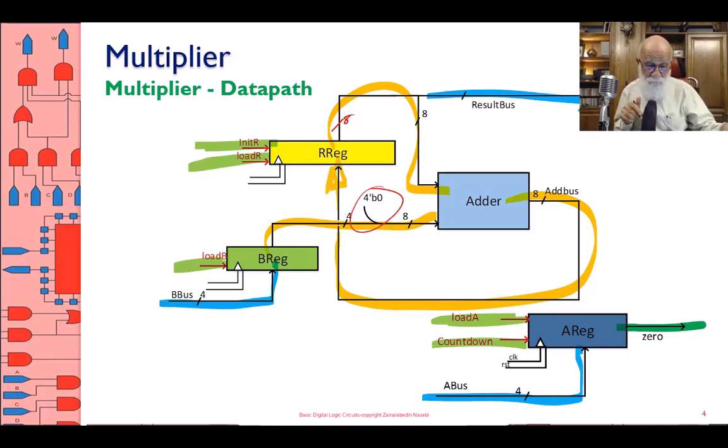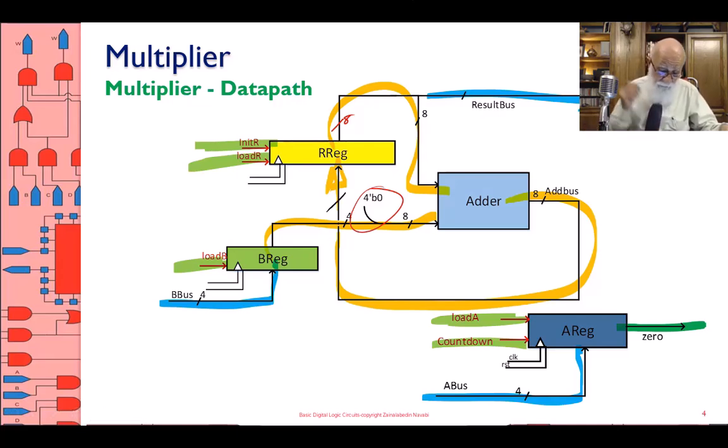Okay? All these orange buses and all these blue buses and all that, they have to have names. Some of them, the blue buses do. The A bus, B bus, R bus. But then the output of the B register has a name. It's called B reg. But then the output of the adder, because I have to identify it and connect it to the input of the R register, it has to be named. I'm calling it the add bus, the 8-bit add bus.